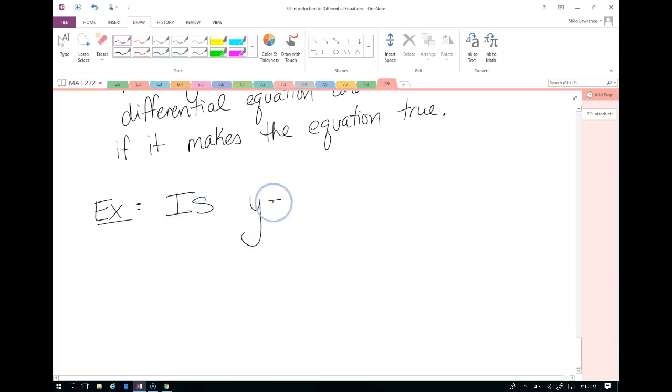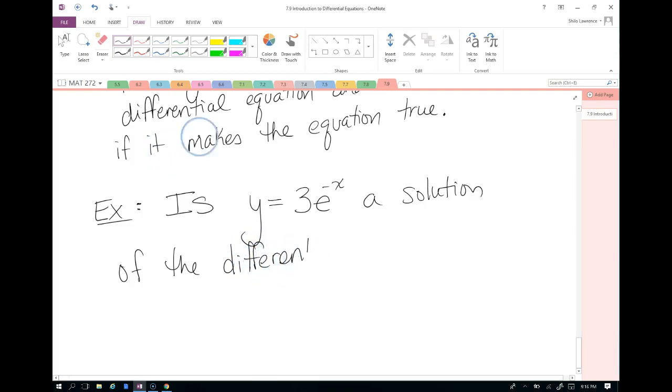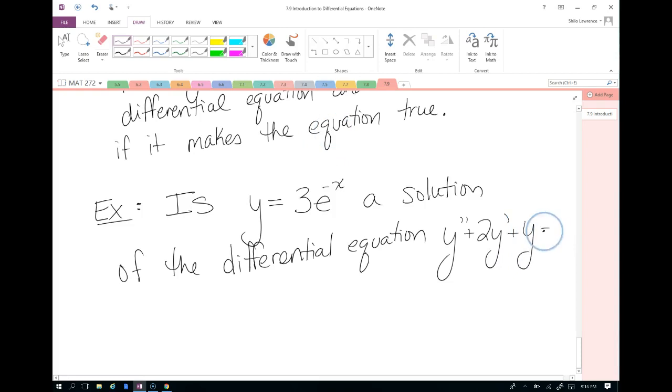So is y equals 3e to the negative x a solution of the differential equation y double prime plus 2y prime plus y equals 0?